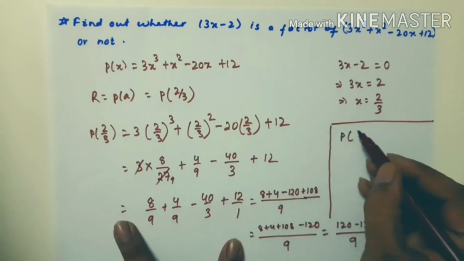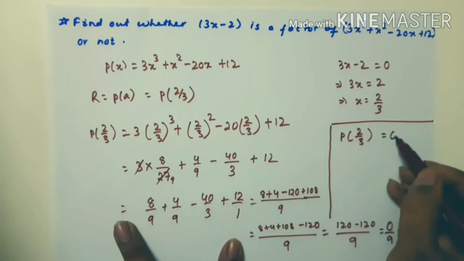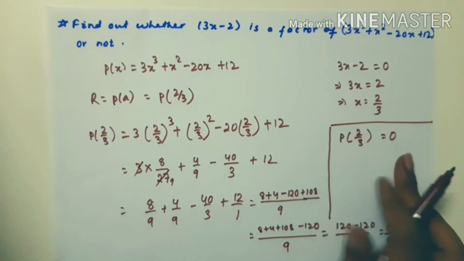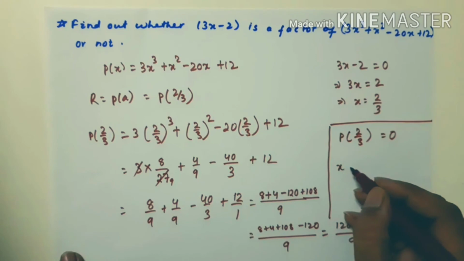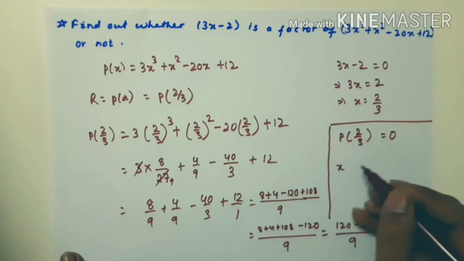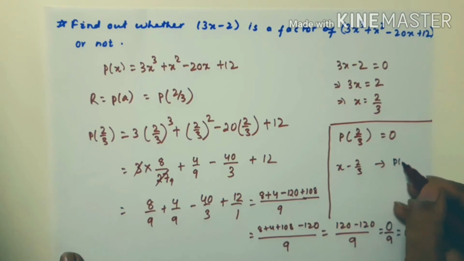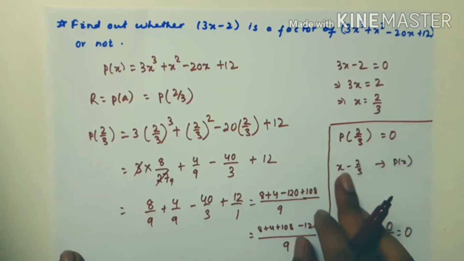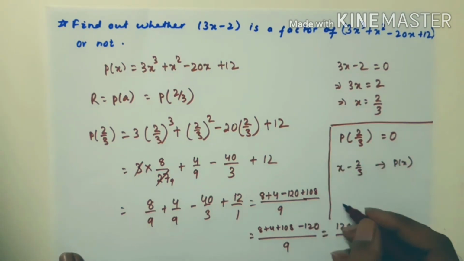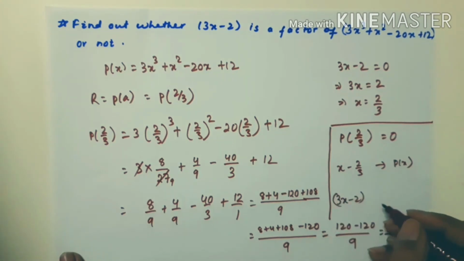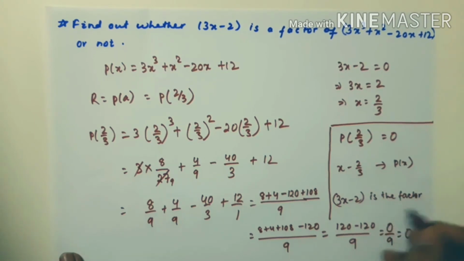P of 2 by 3 is 0. Since P of 2 by 3 is 0, then we can say x minus 2 by 3 is a factor of P of x. Instead of x minus 2 by 3, this can be written as 3x minus 2 is the factor of P of x.